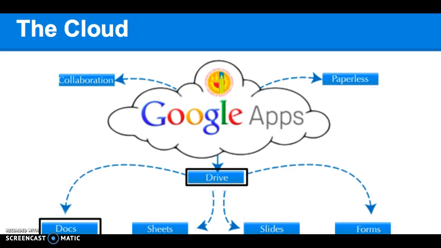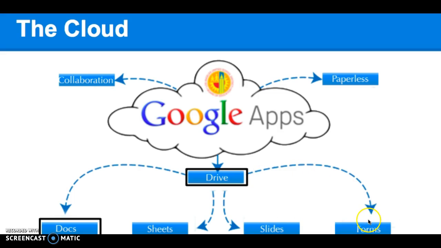Okay, so before we go ahead and move on to the Google Docs tutorial, I'd like to give you just a brief overview of Google Drive. It's a very great collaboration tool that is also paperless, and everything happens online. So here we have Google Drive, and there are different apps that fall underneath Google Drive.